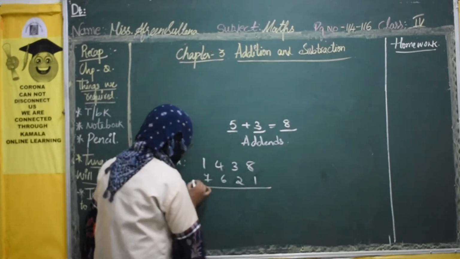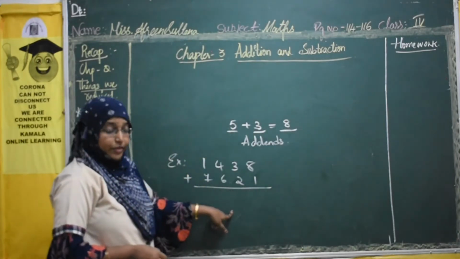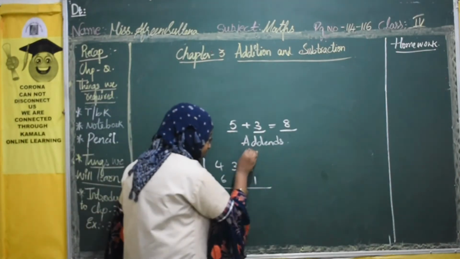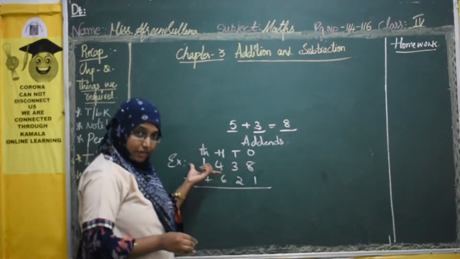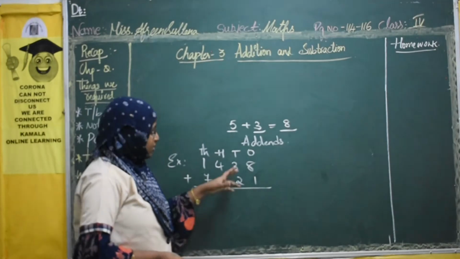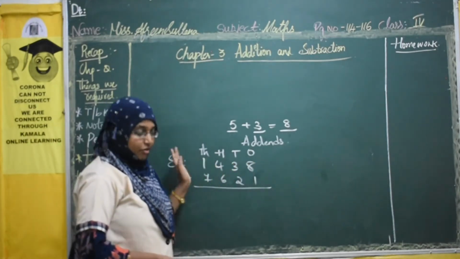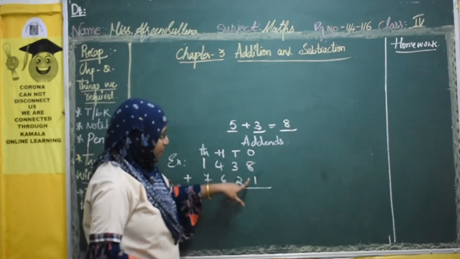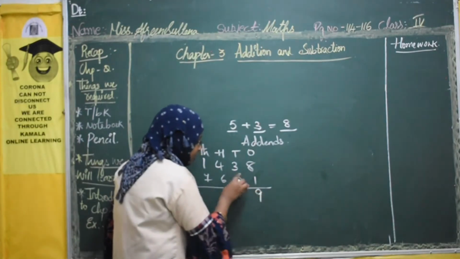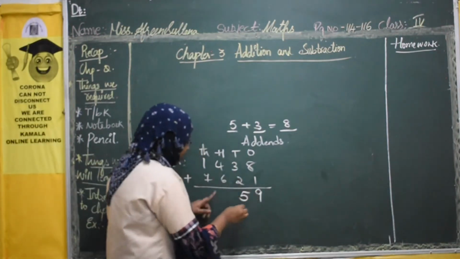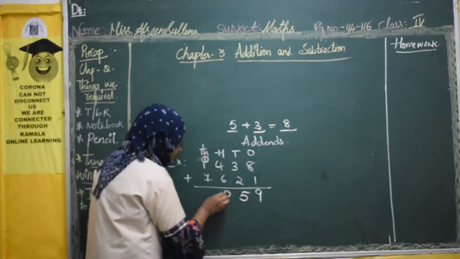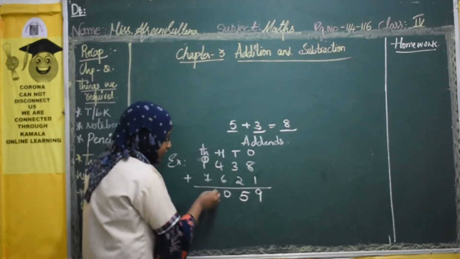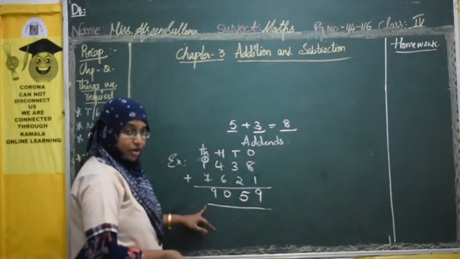Now if you want to add these two numbers, without regrouping is where you write the place values on the top and then you write the digits of the given numbers and then you add. It means we are not separating the values. So 8 plus 1, 9. 3 plus 2, 5. 6 plus 4, 10. 7 plus 1, 8. 8 plus 1, 9. This is without regrouping.